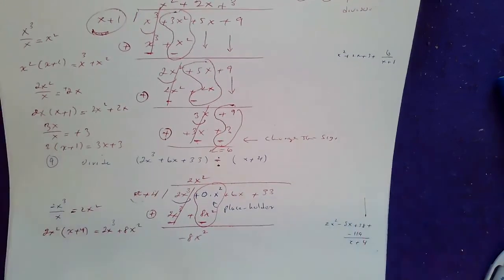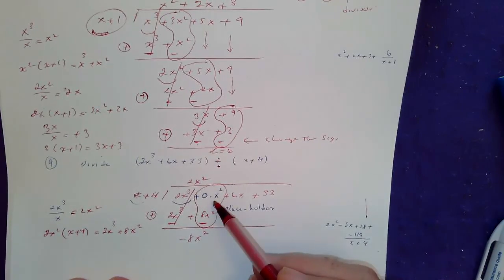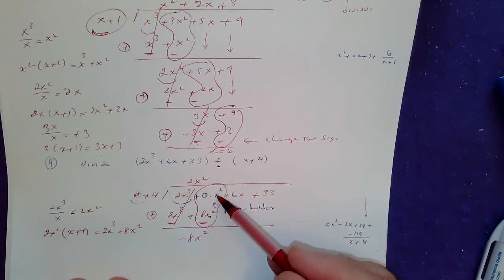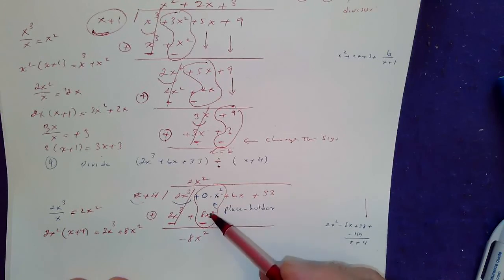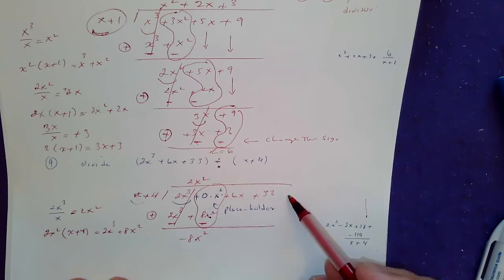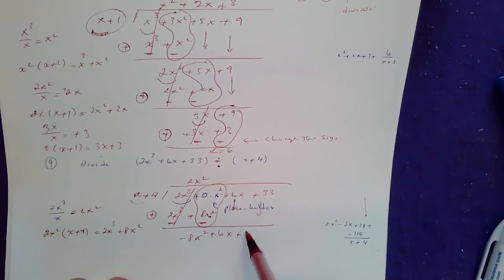Believe it or not, I have seen that happen on a test or quiz. Whatever you get here, because you don't have a term just like it on top, this guy transfers over. It never gets combined with anything else in the expression. Bring down the 6x, bring down the 33, and continue.